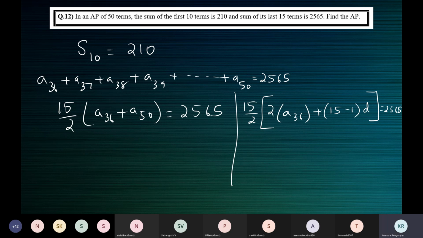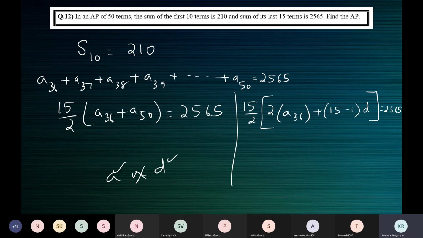From S10 equal to 210, children, you will get one equation in A and D, because you know the value of n. Last 15 terms are from the 36th to the 50th term. So the first formula, n by 2, 15 by 2, not 50 terms, because here in the sum we have only 15 terms. 15 by 2 of the first term A36 plus the last term A50.